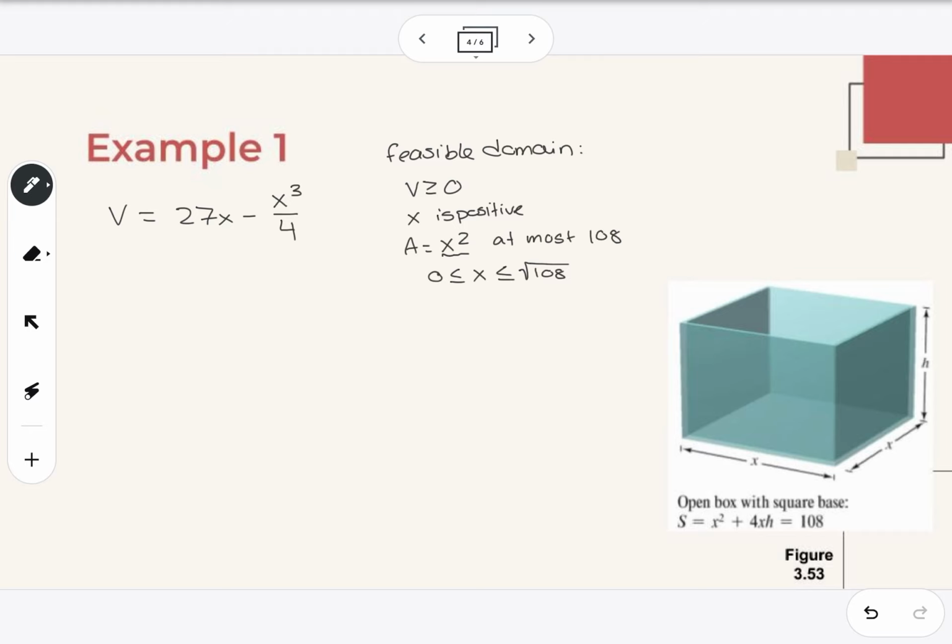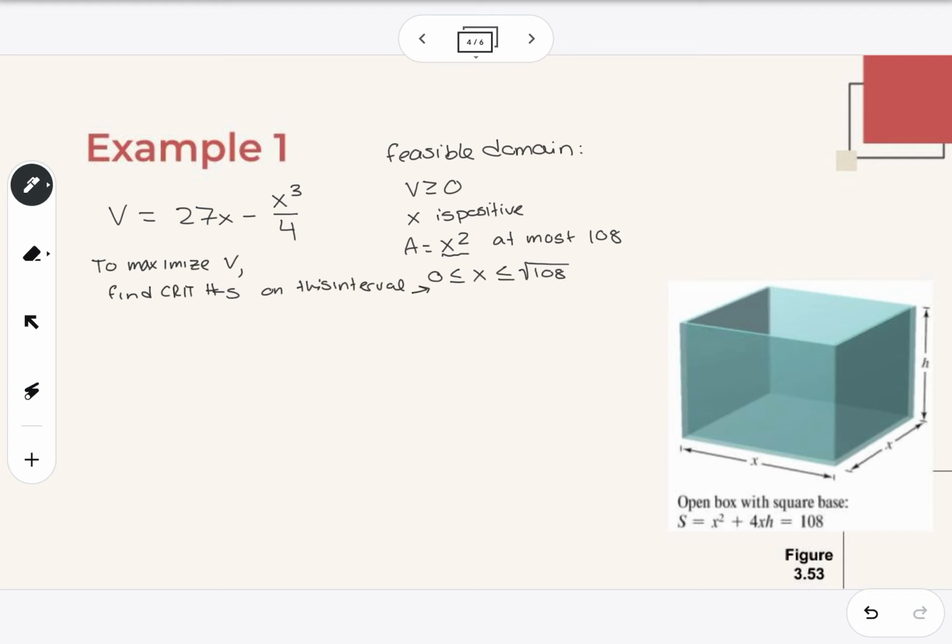So to maximize or optimize our volume, we want to find critical numbers of the volume function on this interval. So find critical numbers on this interval that we just kind of determined over there, okay? So you know how to find critical numbers.